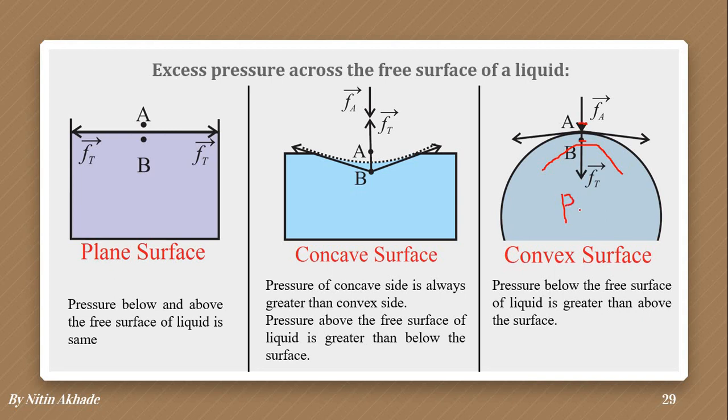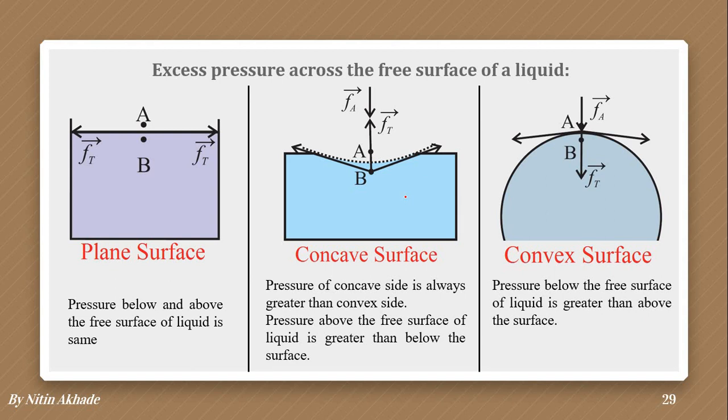So PT has the larger value as compared to PA. Therefore, in the third case PT is greater than PA, and again we can conclude that the pressure on the concave side has the larger value and the convex side has the smaller value. So the pressure just below the free surface of a liquid is greater than the pressure just above the free surface of the liquid.